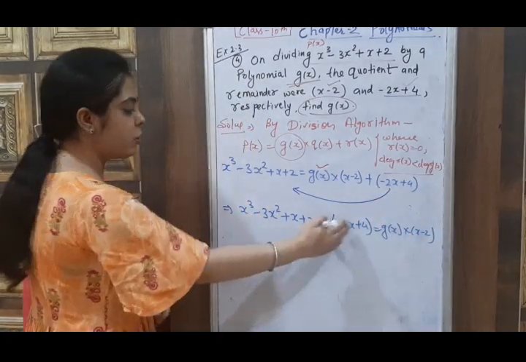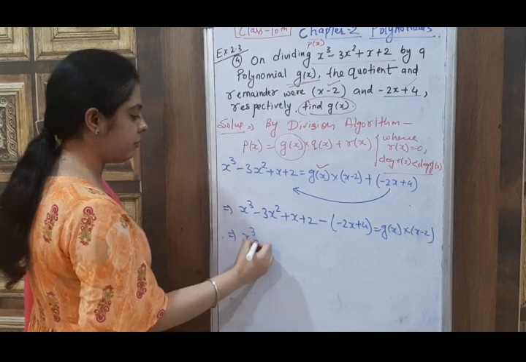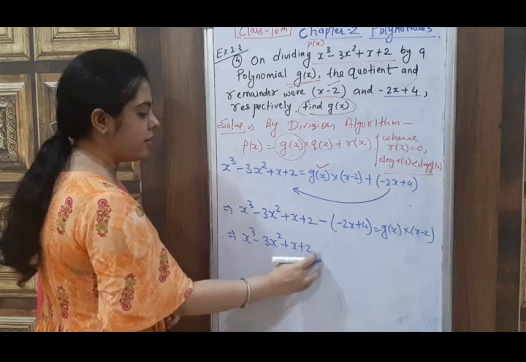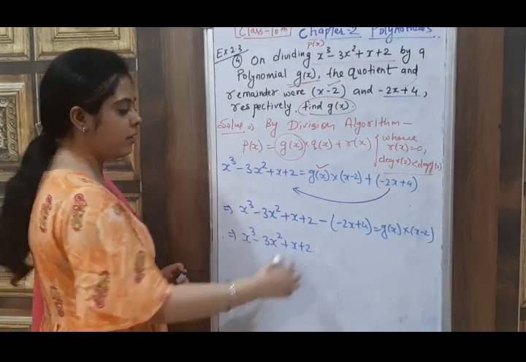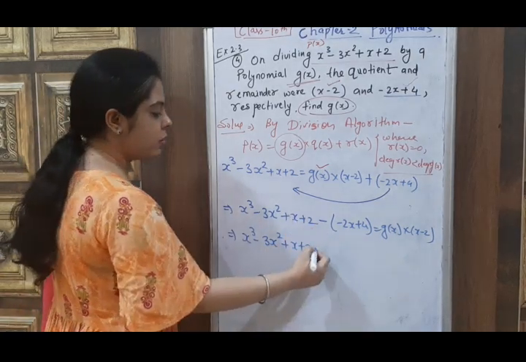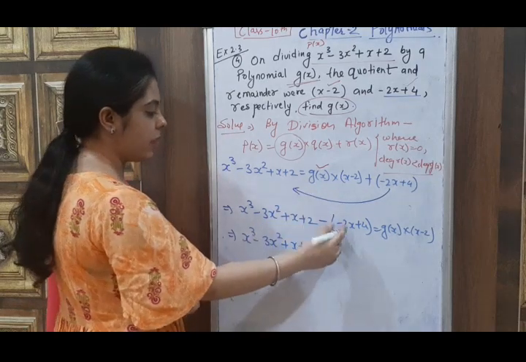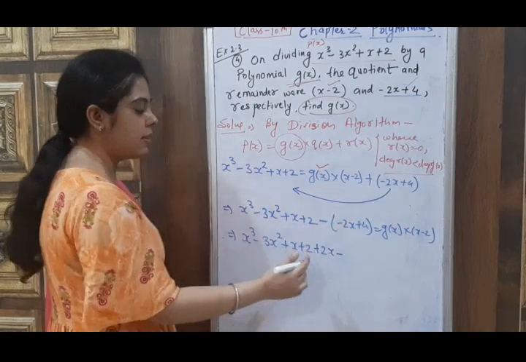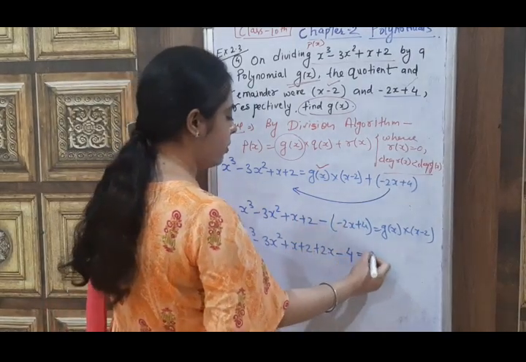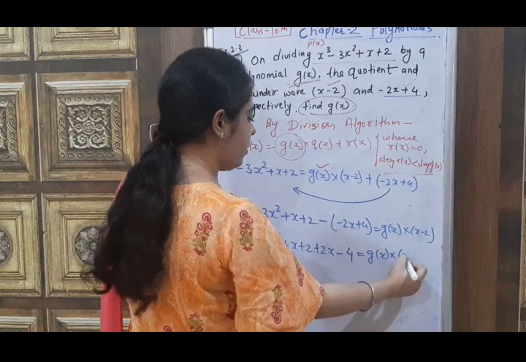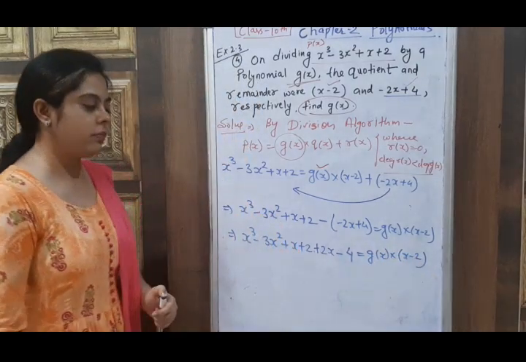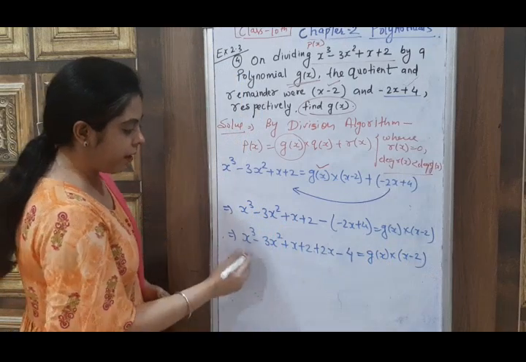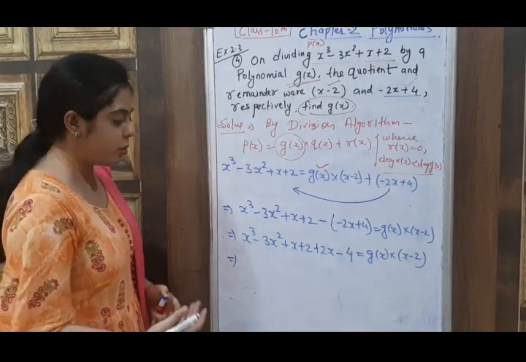Okay, now just open the bracket. And you know how to open it when the minus sign is given. So just we have to change the sign. So minus plus, minus plus minus plus, minus 4 is equal to gx into x minus 2. So now we have to solve here somewhat. Like terms will be solved only, this you know very well.